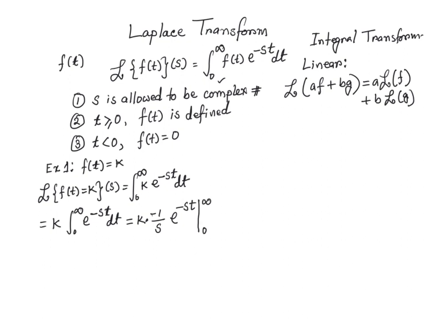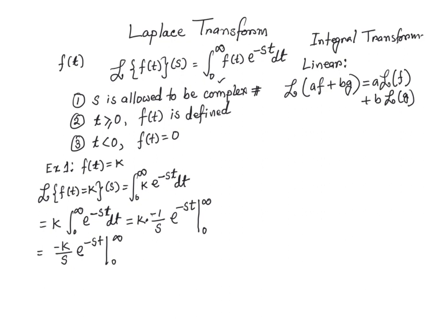Here I am being a little bit informal. To evaluate an improper integral, technically we have to take the limit, so I'm just being a little bit informal. Hopefully it's okay. So this is equal to negative k over s times e to the power negative st, evaluated from 0 to infinity.